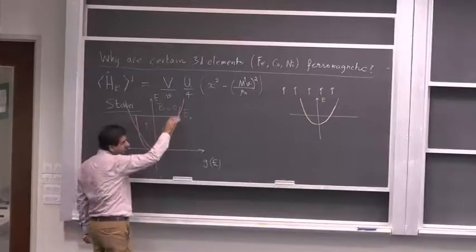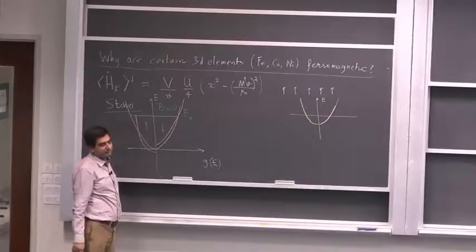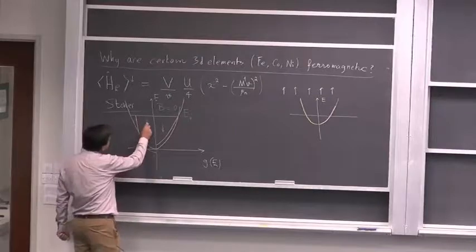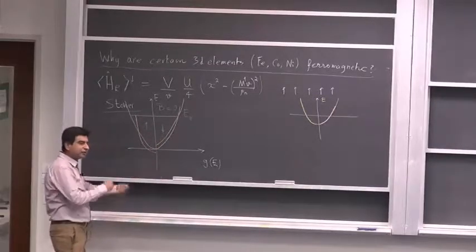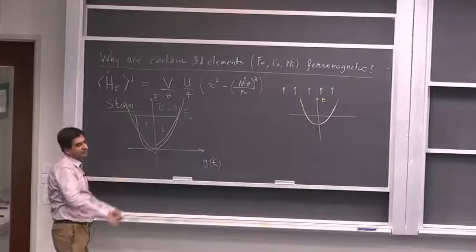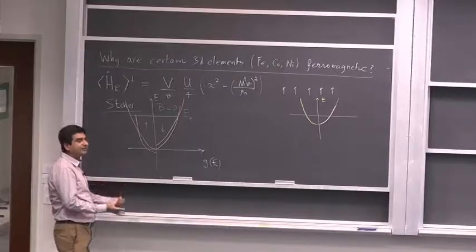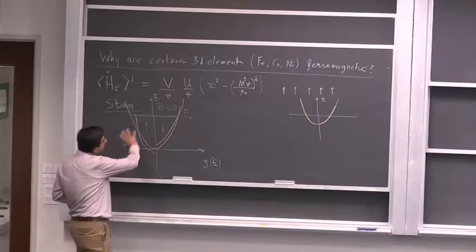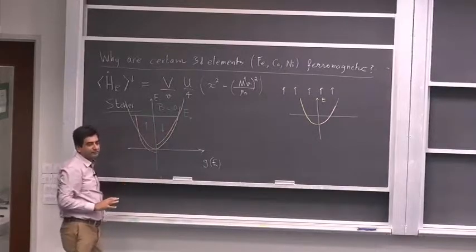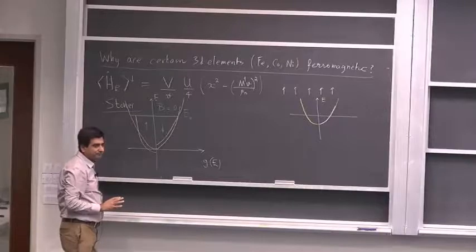Now the Fermi level doesn't shift up to first order, and the number of spins that are up is higher than the number of spins that are down. So this net polarization difference creates magnetization, and this is called Pauli paramagnetism of these free electrons, these conduction electrons. Okay?